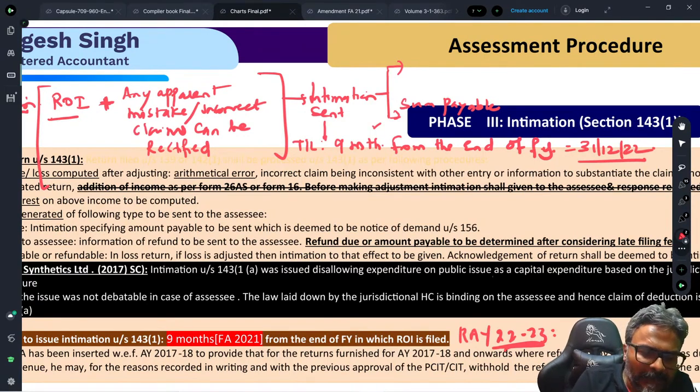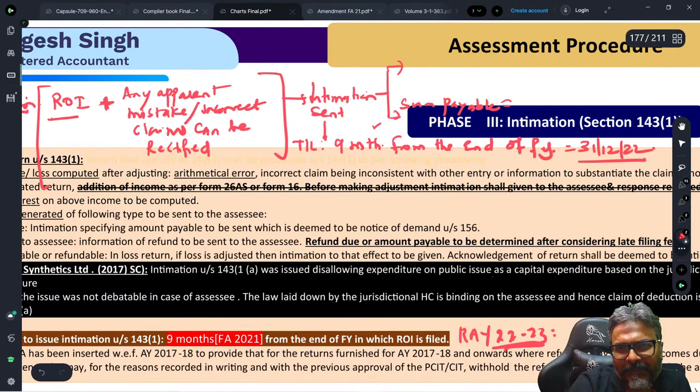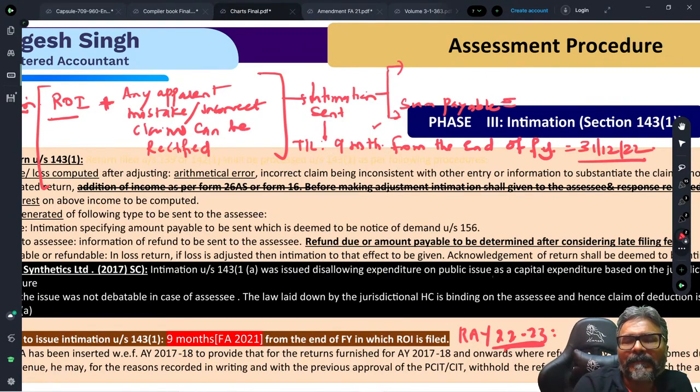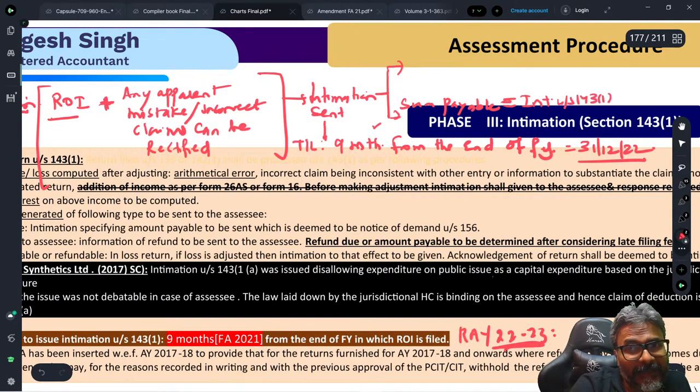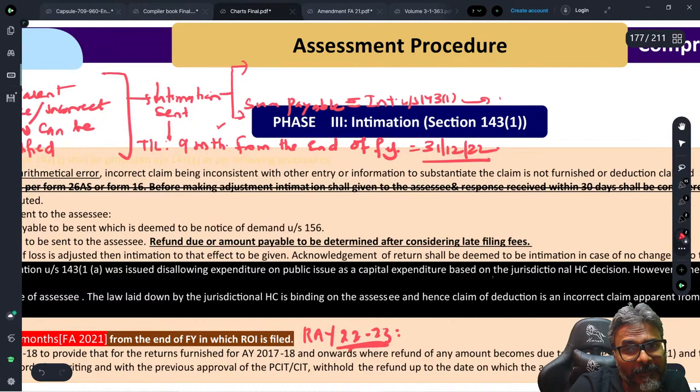If the sum becomes payable, students, then be very careful. The intimation that you will send under 143(1) will be deemed to be the notice of demand, NOD.